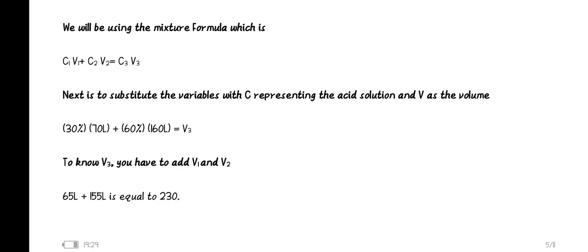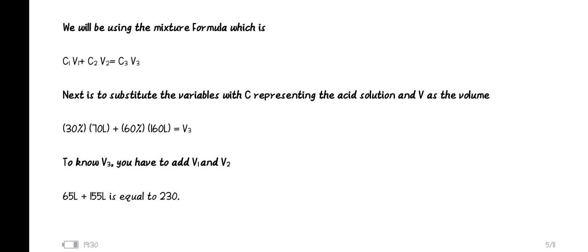So we will be using the mixture formula, which is C sub 1, V sub 1 plus C sub 2, V sub 2 is equals to C sub 3 times V sub 3.